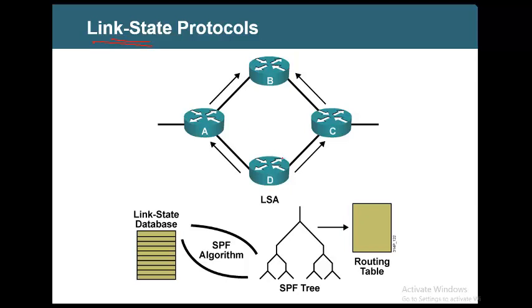Say for example, D sends it to C. C learns about this link now, and C now advertises the LSA, including this one and this one. It gives it to B. So now B knows about this link, this link, this link, and this link. And then B advertises.